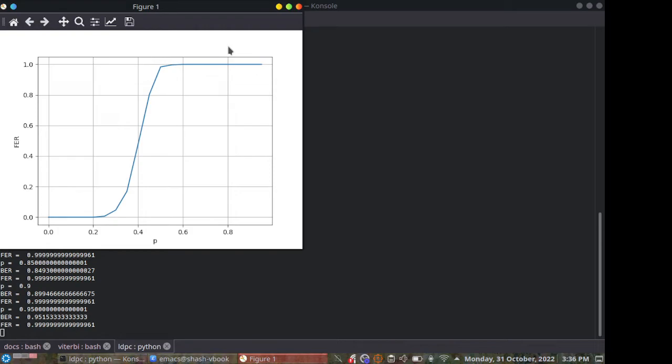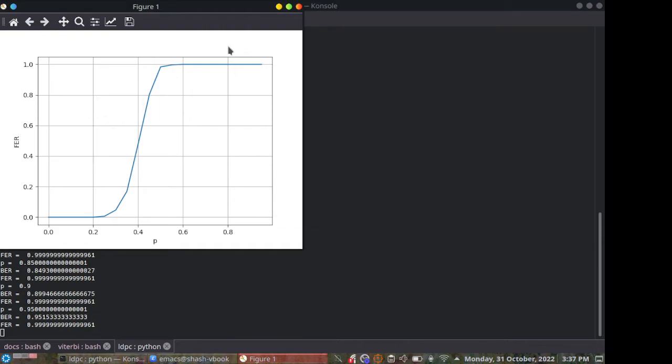If you take large enough block lengths, then as long as you operate at a rate below capacity, the probability of error is almost 0. But as soon as you operate at a rate even slightly above capacity, the bit error or block error probability tends to 1. Which is exactly what is happening over here.